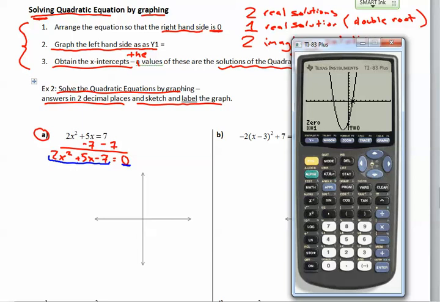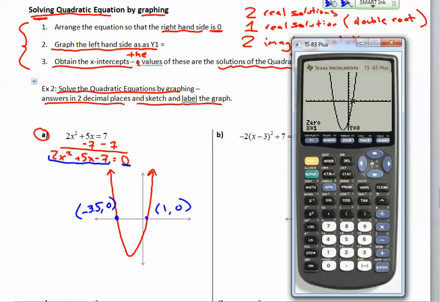Okay. So now I'm going to go ahead and graph this. Draw a quick sketch. And I want to label my x-intercepts. So this is the point negative 3.5 comma 0. And this is the point positive 1 comma 0.